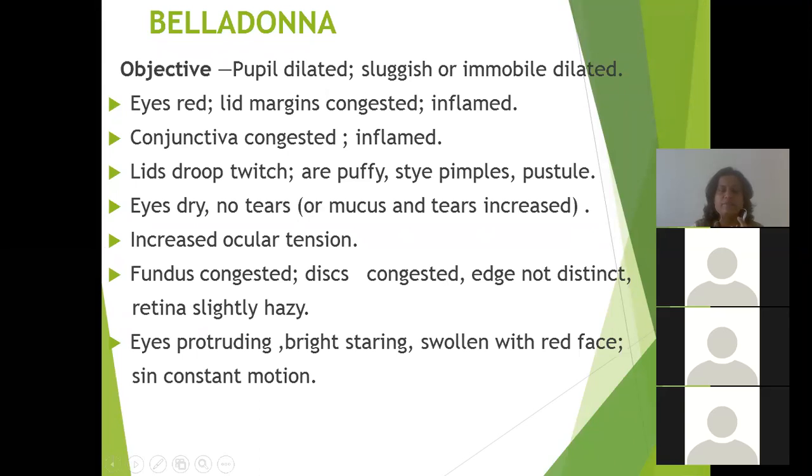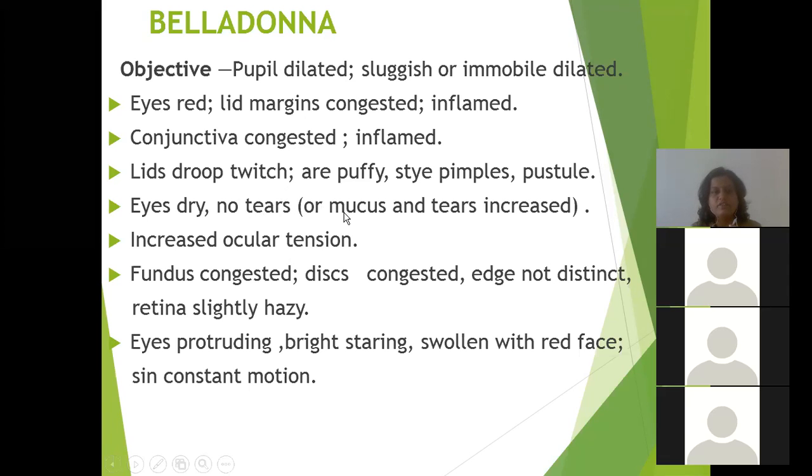So, next remedy is Belladonna. With Belladonna, the patient comes with a dilated pupil, sluggish or immobile. Eyes are red. Lid margins congested, inflamed. Conjunctiva congested, inflamed. Lids droop, twitch or are puffy, with stye, pimples, pustules. Eyes are dry.